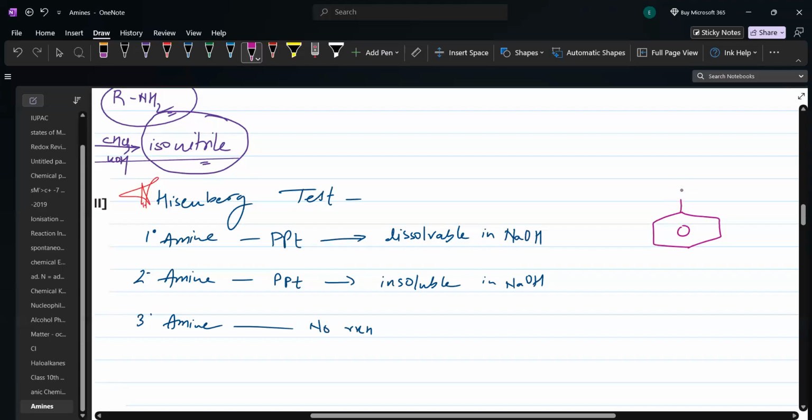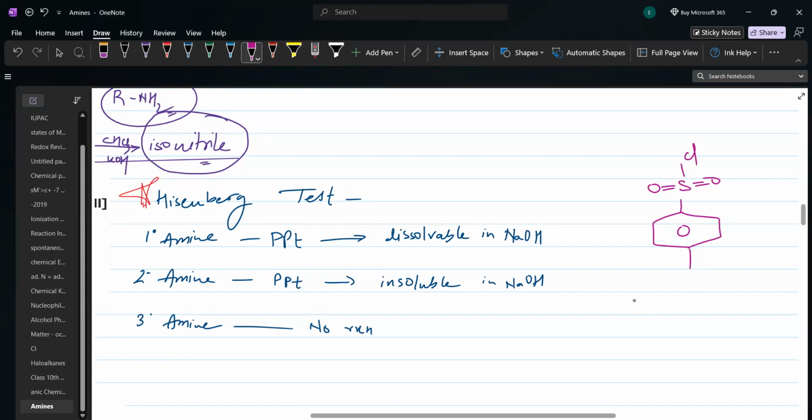The reagent here is this. Let me know when you are done.